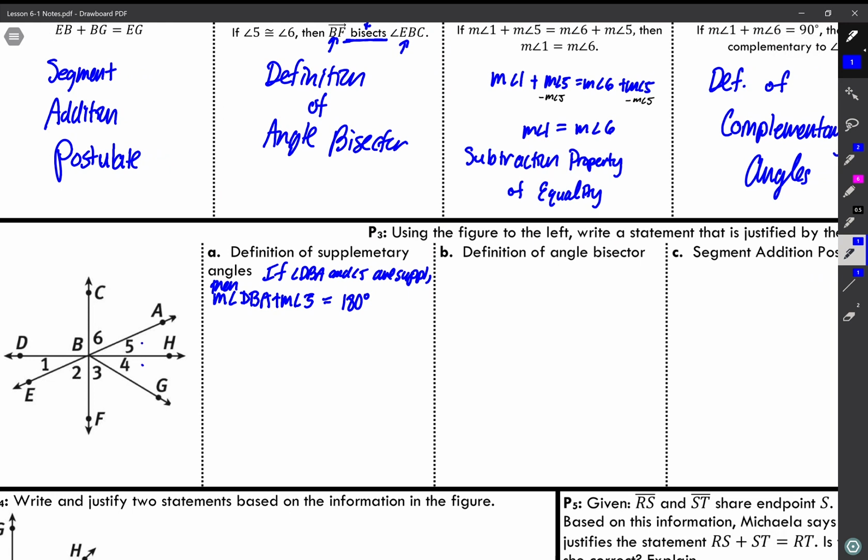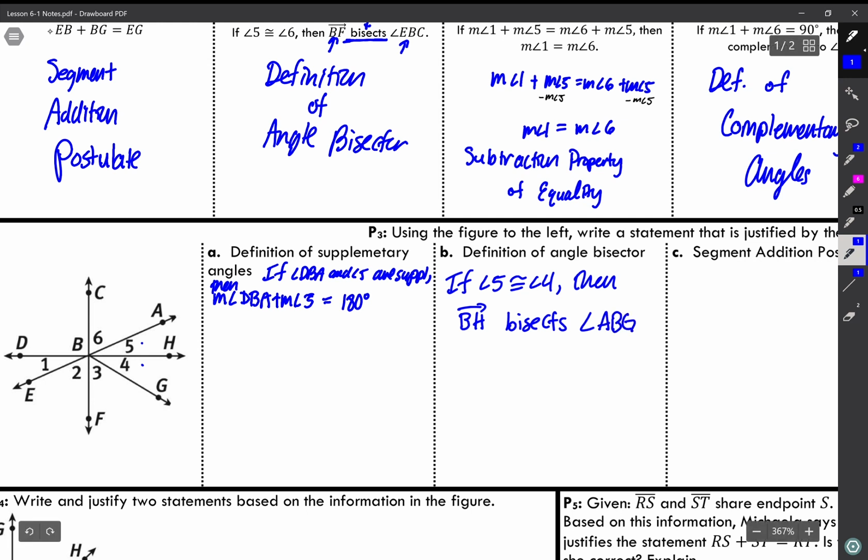So, we could say that if angle 5 is congruent to angle 4, then ray BH bisects angle, and that angle is going to be ABG. So ray BH, this ray right here, is going to bisect this angle ABG to create 5 and 4 being congruent. So angle ABG. Okay, remember the keyword bisects. The statement had to have that in there.